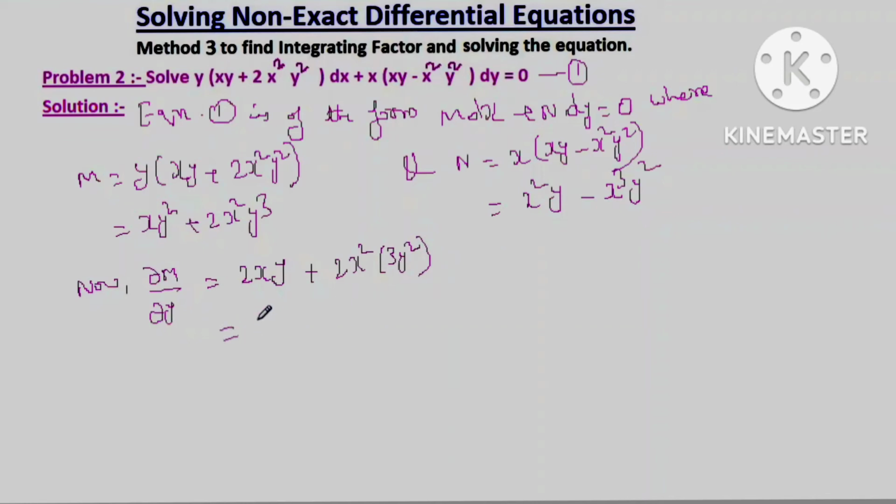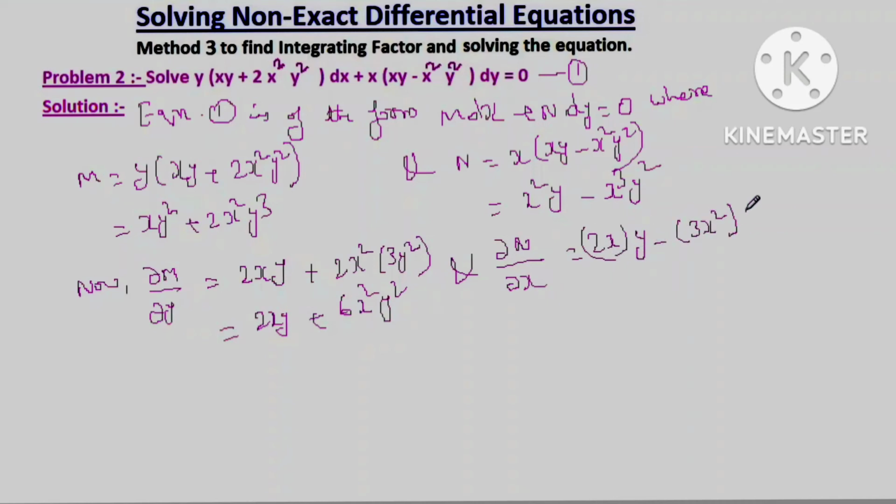Which is nothing but 2xy plus 6x square y square, and ∂N/∂x is 2x into y minus 3x square y square, which is nothing but 2xy minus 3x square y square.